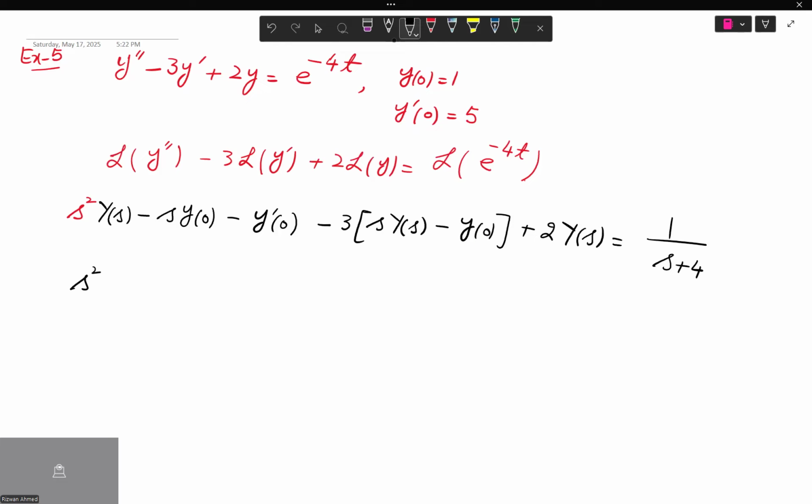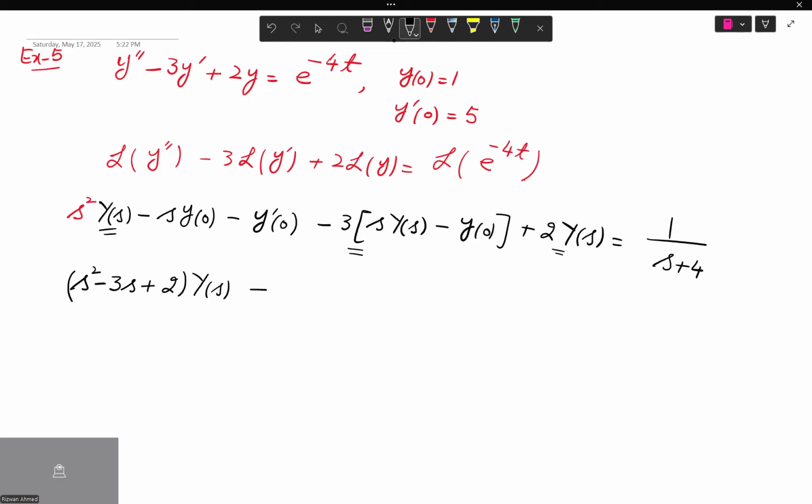So then it is to be carefully simplified. If I pick up the coefficient of Y of s, it is s squared, then from here it is minus 3 times s, and then plus 2, times Y of s. Okay, the terms have been collected.